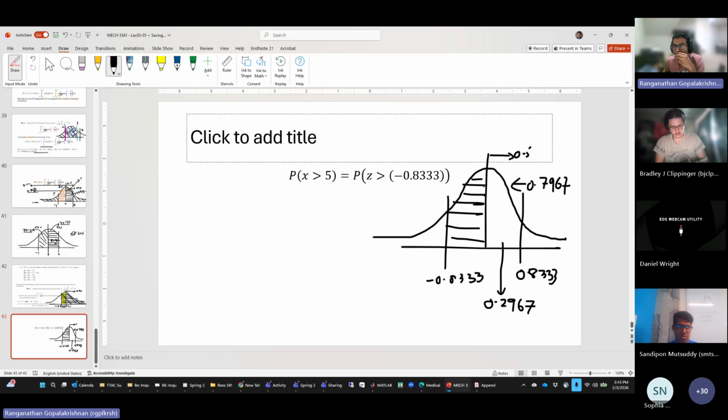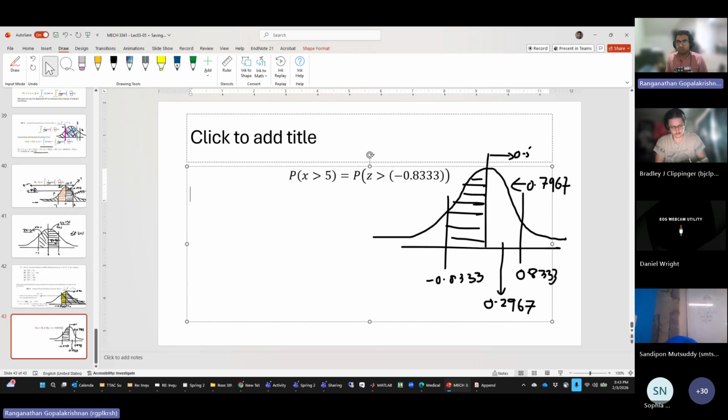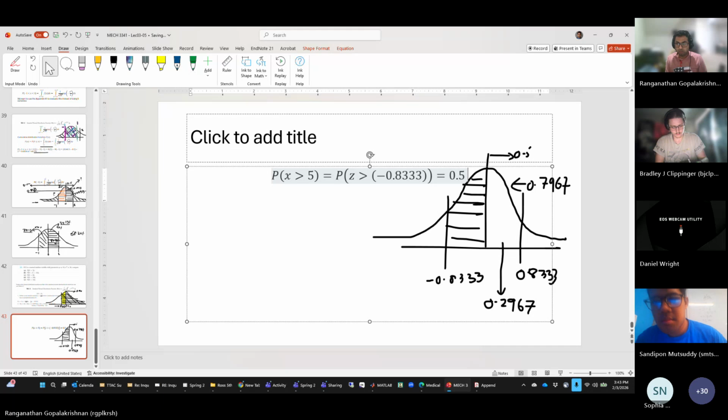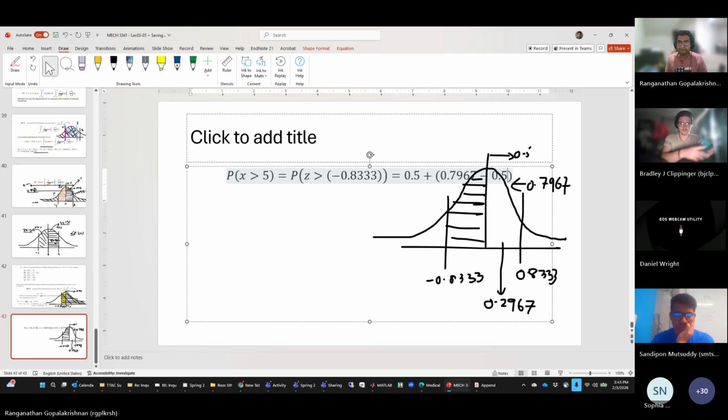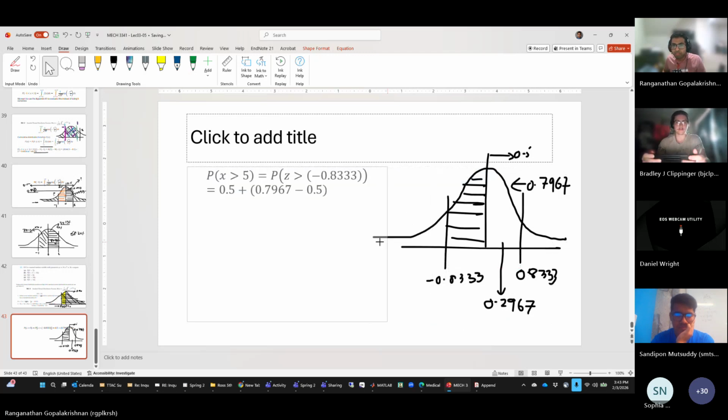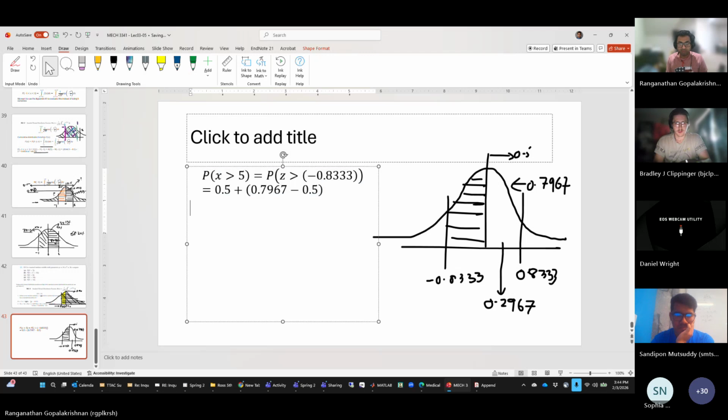If this is 0.2967, this is also 0.2967, which means the area that I want is 0.7967. So this is going to be 0.5 plus 0.7967 minus 0.5, which is 0.7967.